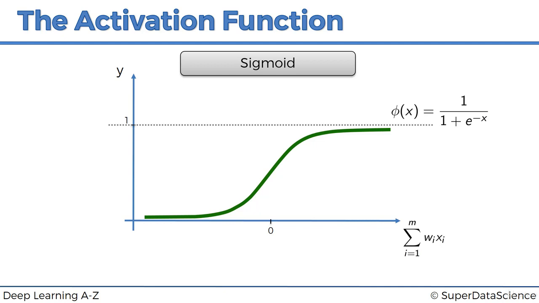What is good about this function is that it is smooth. Unlike the threshold function, this one doesn't have those kinks in its curve, so it's a nice, smooth, gradual progression. Anything below 0 just drops off. Above 0, it approximates towards 1. And this sigmoid function is very useful in the final layer, in the output layer, especially when you're trying to predict probabilities, and we'll see that throughout this course.